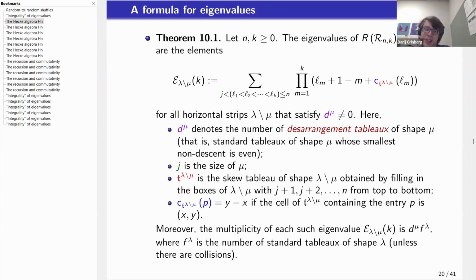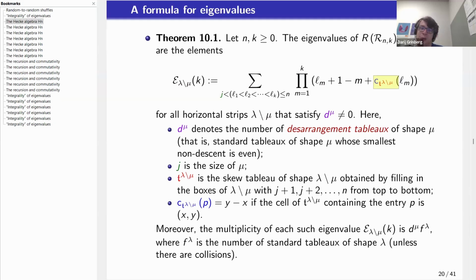This is the result of the second proof, and I'm not going into details. I just want to give a little mention of what things appear in it. So first of all, the eigenvalues of Rnk are indexed by the horizontal strips of shape lambda over mu, where lambda is a partition of n, and mu is a smaller partition that has at least one disarrangement tableau.